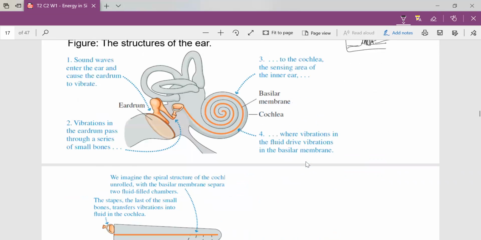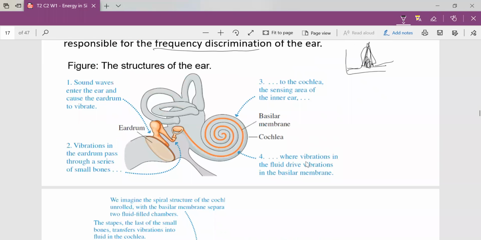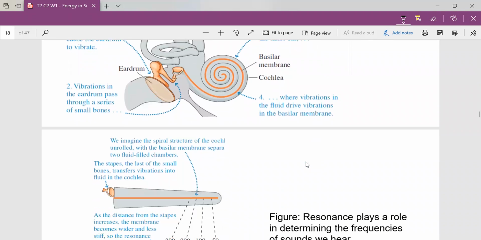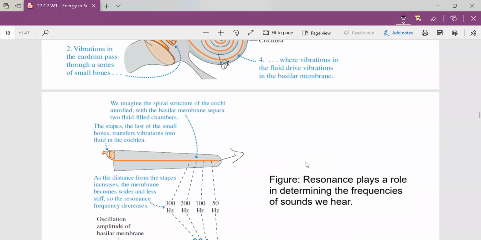And that is what resonance helps us to do as well, to discriminate or differentiate between pitch. Now, this is the figure or structure of the inner ear. We have the common parts, which is the eardrum and all that. Let's assume that this coily part is stretched out to look something like this. Now somebody will ask, does it yield a better result if it's stretched out, or does it matter?